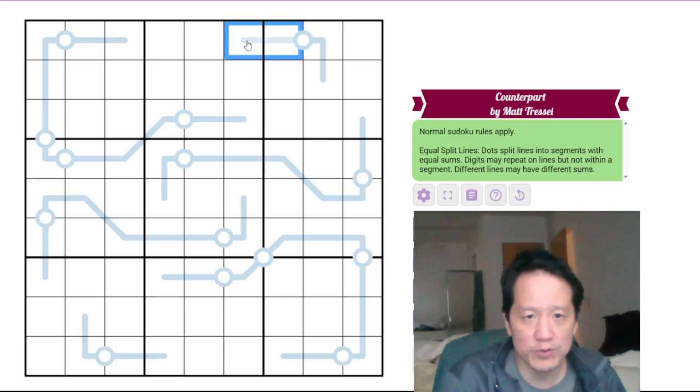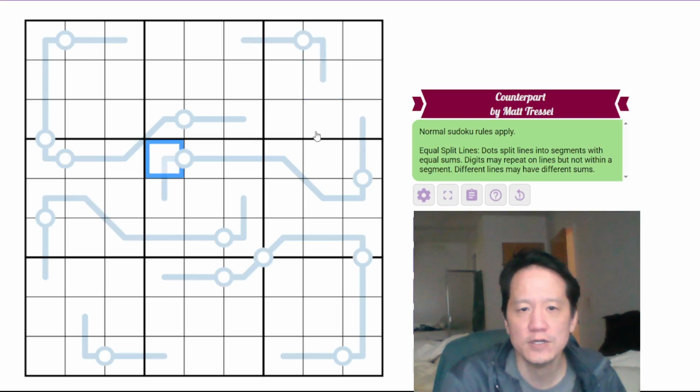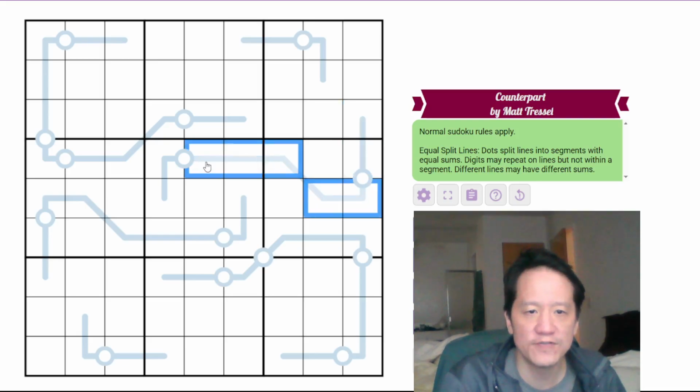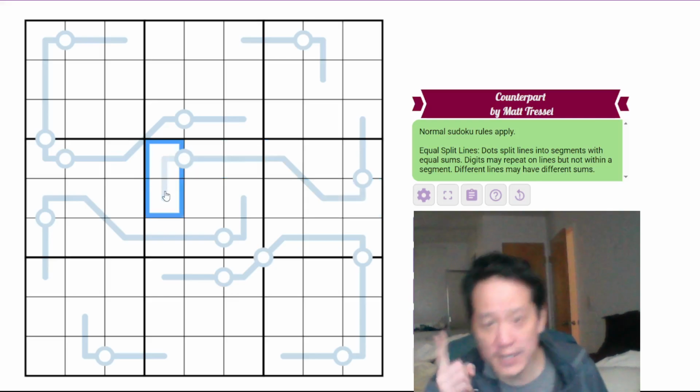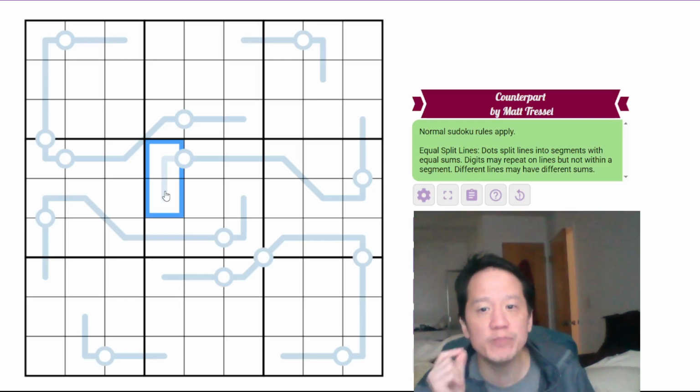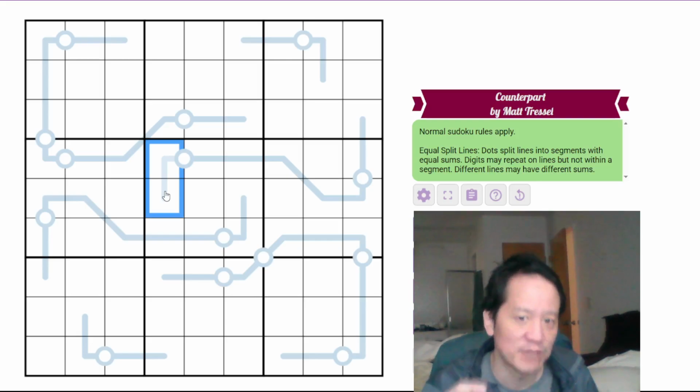For example, these two digits must add up to what these two digits must add up to. Along a longer one, these two digits must add up to what these 5 digits must add up to, which must add up to what these 2 digits add up to. But again, you cannot have repeats within a segment.